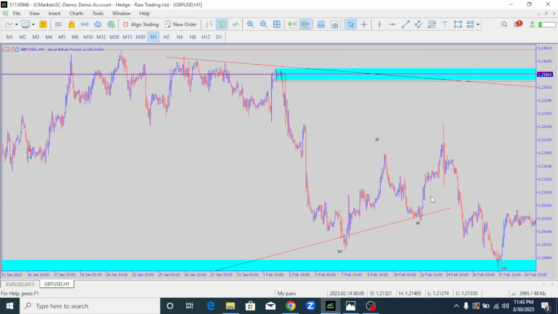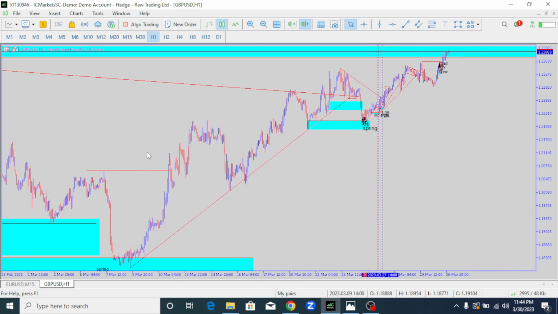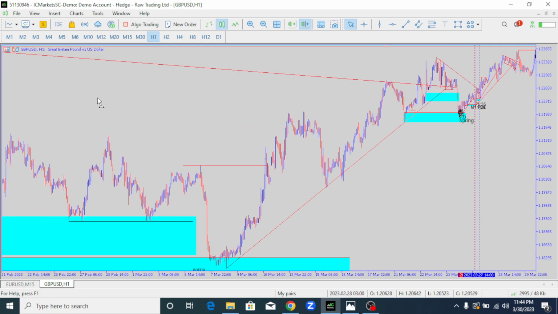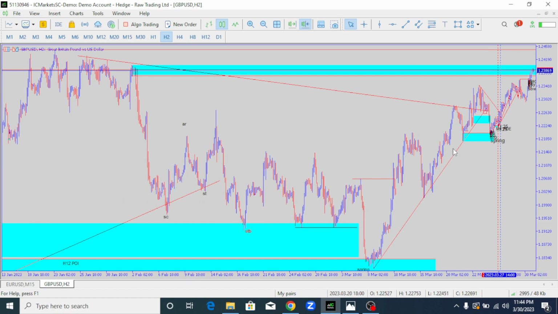And you see, after this accumulation, the price started to create this bullish order flow to the upside. And at this point, our accumulation was confirmed because this is an SOS.